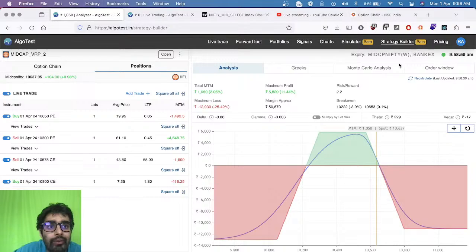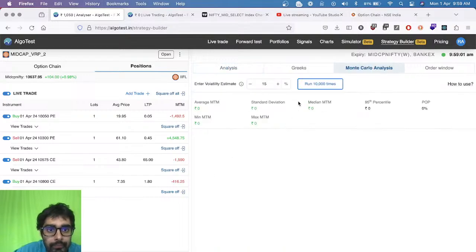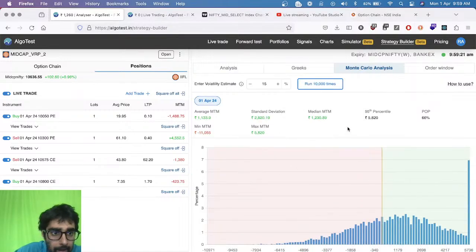So that's what we have here, this Monte Carlo analysis tool. Whatever the realized volatility is going to be over the life of the option, you can plug that number here and run some simulations to see what your P&L is going to be on average. Based on where my position is right now, if mid cap for the rest of the day moves at a realized vol of 15, I'm going to make an average of 1,000 rupees over 10,000 simulations.